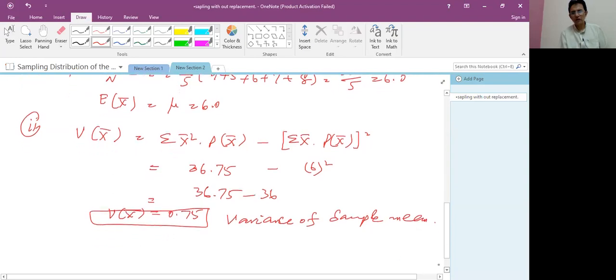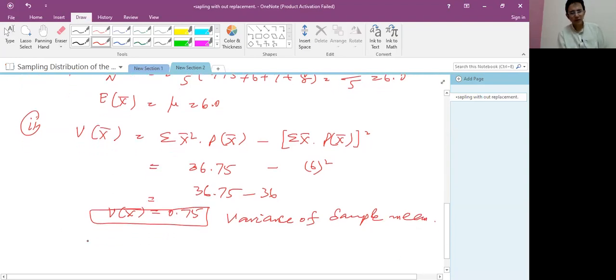Now the variance of the sample mean is sigma square upon n into capital N minus n upon capital N minus 1. Here P represents population, or if you write mu in another way, because mu shows the population mean.